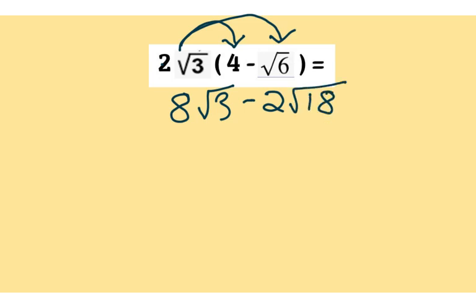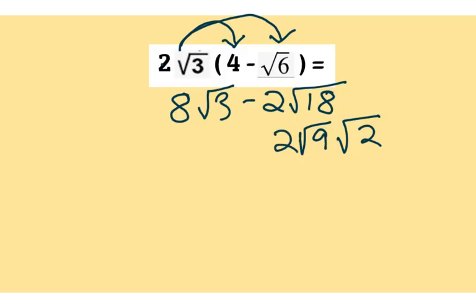Now I know I can't combine because they're not like terms yet, but I know I could break down this 18 into a perfect square times a non-perfect square. In this case, it's going to be 9 times square root of 2.